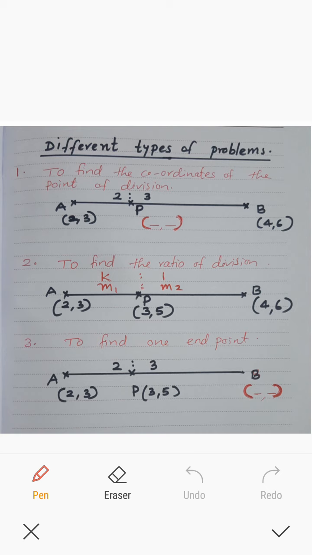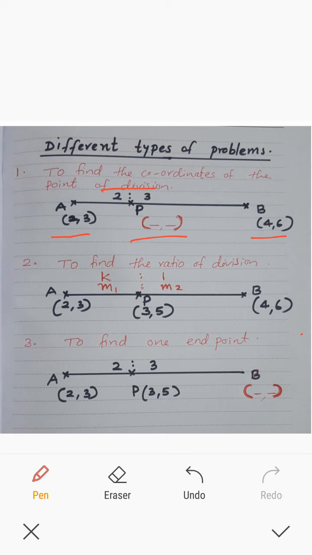It's very important to know that in the section formula, 4 measures are involved. Two of them are the coordinates of the endpoints of the line segment, that means coordinates of A and coordinates of B. The third one is the ratio of division, and the fourth one is the coordinates of the point of division.